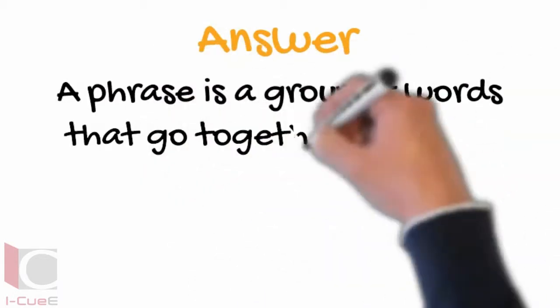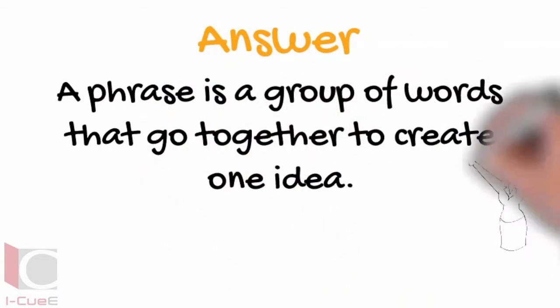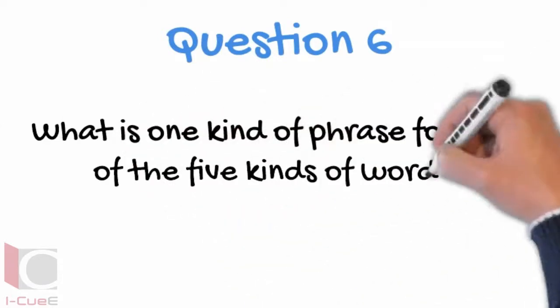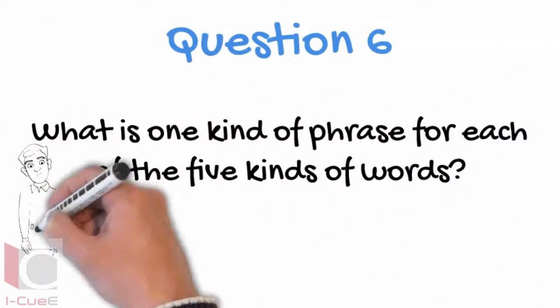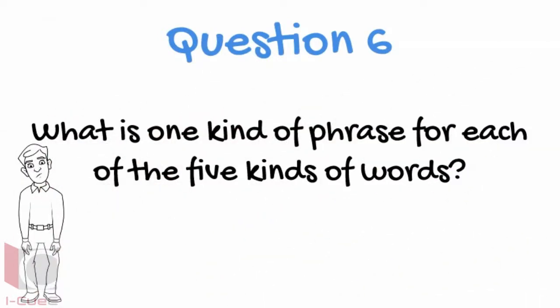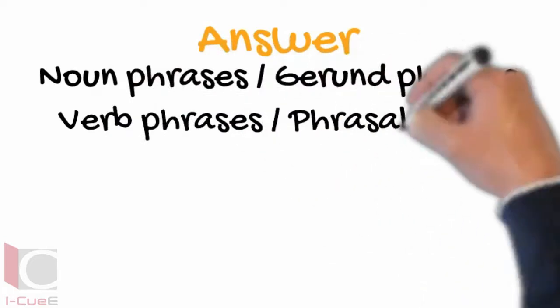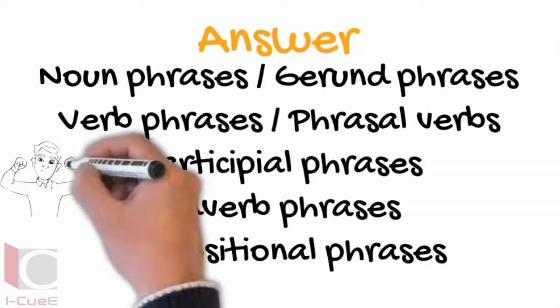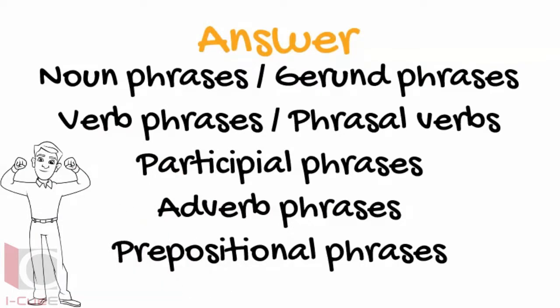A phrase is a group of words that go together to create one idea. What is one kind of phrase for each of the 5 kinds of words? Noun phrases, gerund phrases, verb phrases, phrasal verbs, participial phrases, adverb phrases, and prepositional phrases.